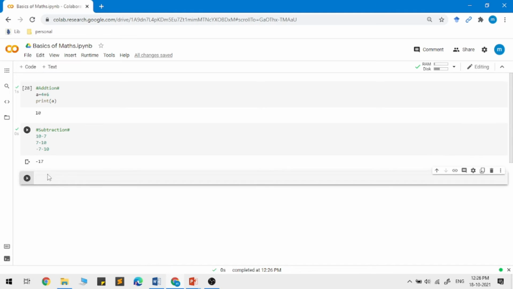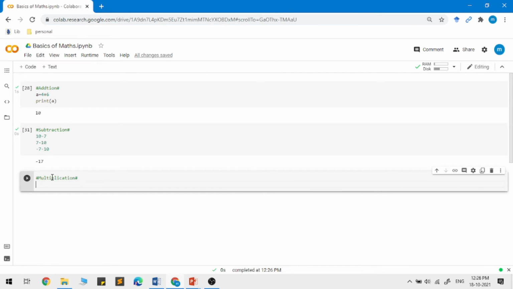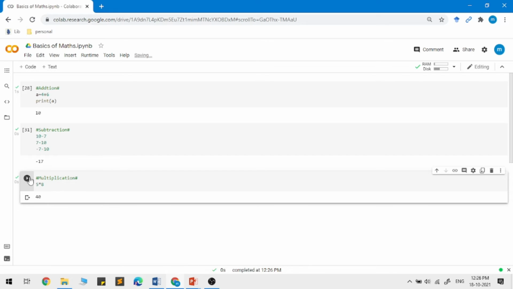Then we'll move to the next one, multiplication. Suppose I want to multiply two numbers. As usual we have to multiply by using the star symbol. So 5 star 8. Okay, we know that 5 eights are 40, and it gives you the same answer.